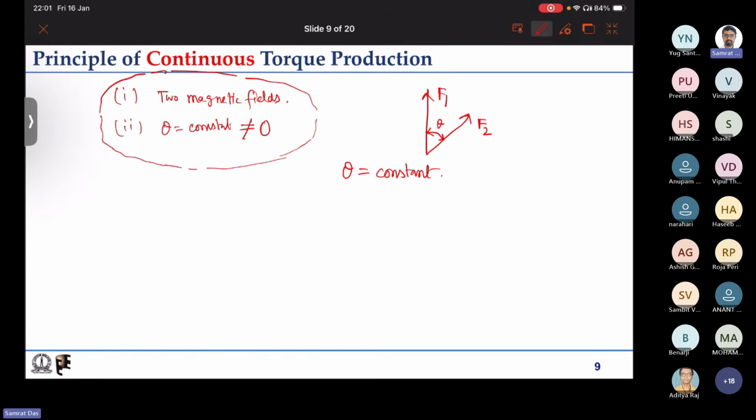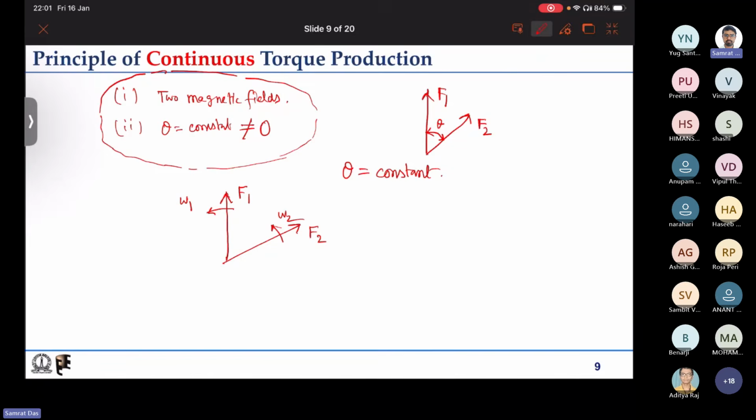Suppose we have two magnetic fields, one is F1, another is F2, with angular velocities omega 1 and omega 2 with respect to a stationary reference frame.